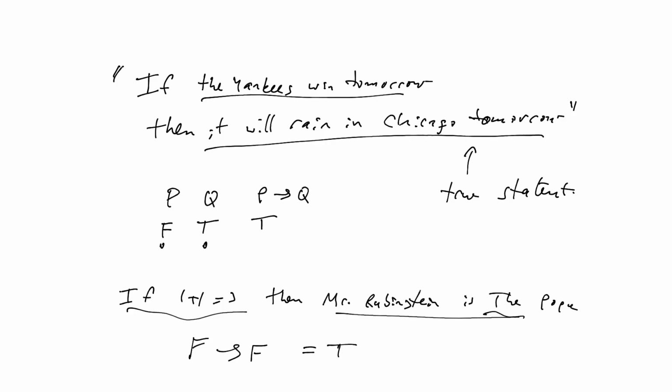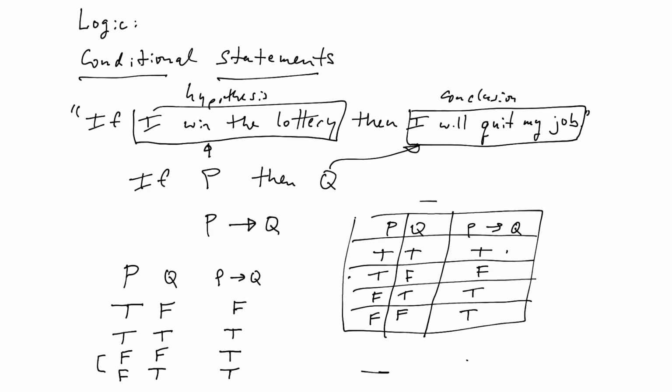On the truth table, if P and Q are both false, if P then Q becomes true. So it's a little bit weird, but that's the way the conditional works. This here is the truth table for it.